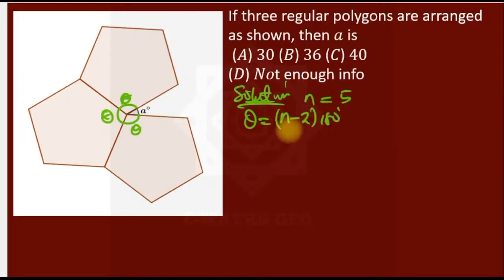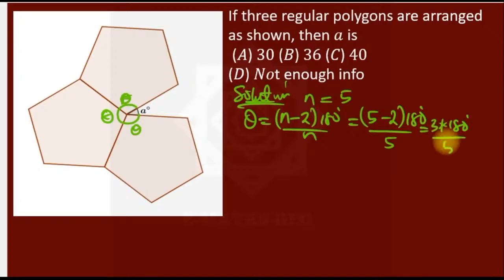In this case, we have 5 sides, so we have 3 times 180 over 5. 3 times 5 in 18 is 3, remaining 30 is 6, so we have 36. 36 times 3 is 108. So each of them is 108.